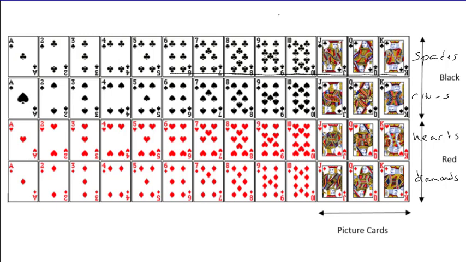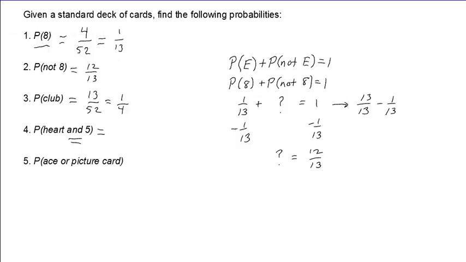Here's my heart row, this third row down here. And the only card in the deck that has both is the 5 of hearts right there. It is the only one that is a heart and a 5. So that happens one time out of the 52, and that is a reduced fraction, and I'm done.